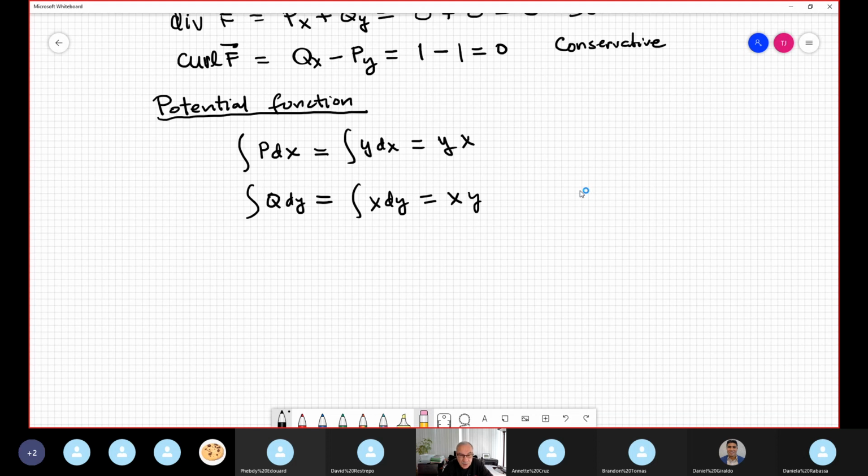Now the potential function f(x, y) in this case: you don't take both, you take only one. When there is repetition, it's obvious that it's only one. I promise we will see several examples of the potential function throughout this chapter.